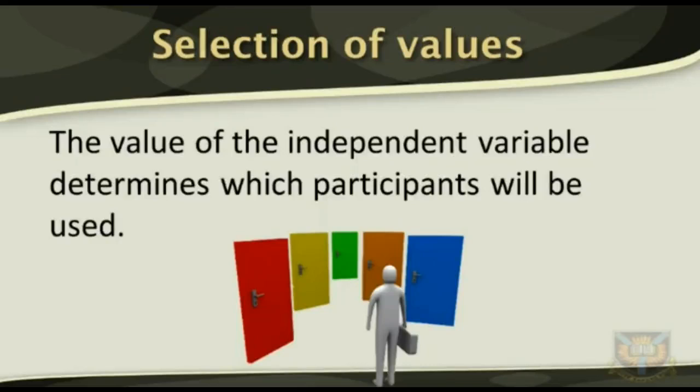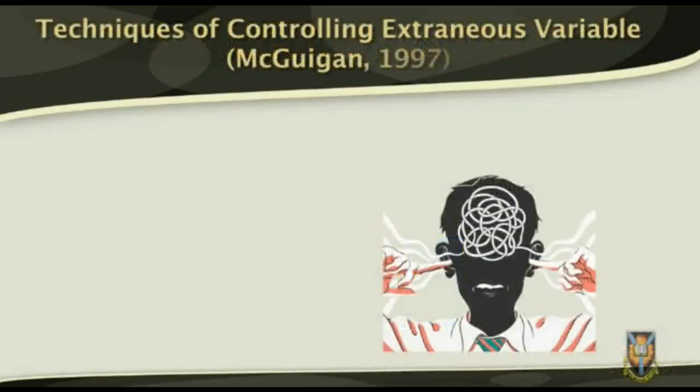After an important extraneous variable is specified, how is it to be controlled? What techniques are available for regulating it so that the effects of the independent variable on the dependent variables can be clearly isolated? McGuigan 1997 illustrated the common techniques available for controlling extraneous variables as follows.